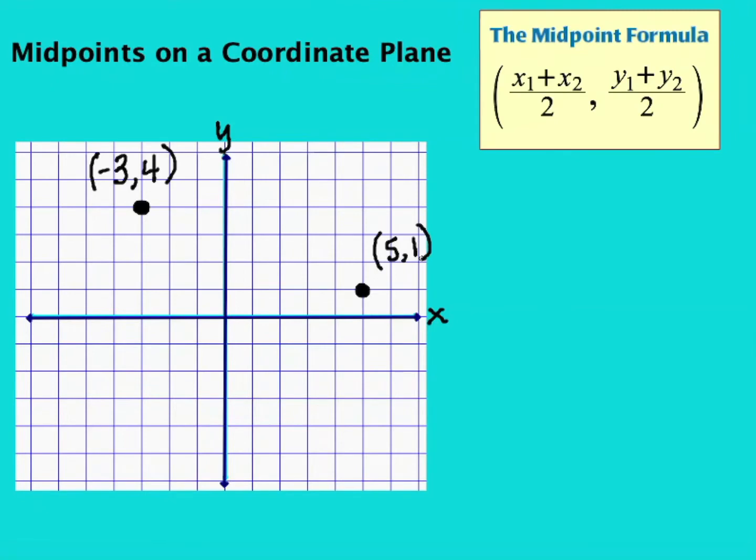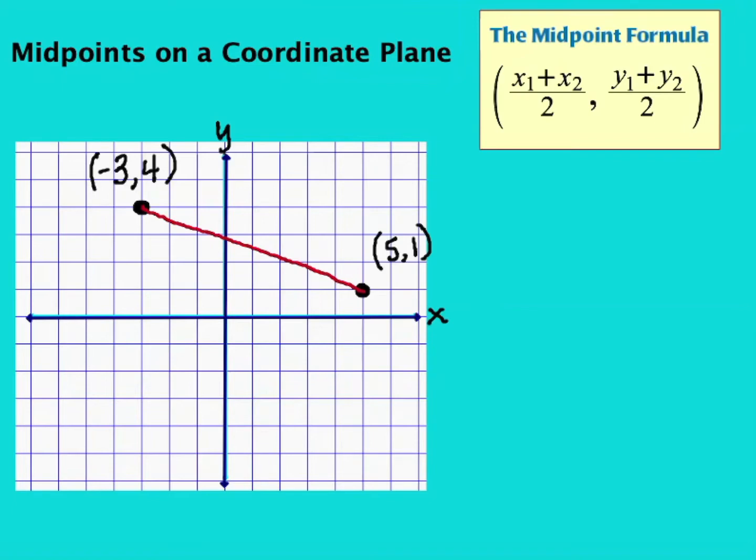So I chose those random points, and I was wondering if we made a line segment that connected those two points, where would the midpoint go? And so I'm thinking it might be right about there, maybe a little higher. But the key is we are just going to use an average. Do you guys remember how to find the average of two numbers?